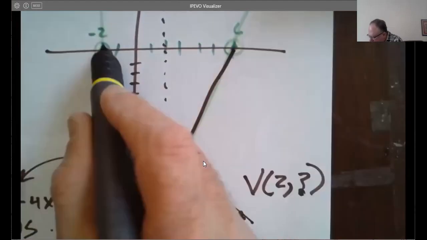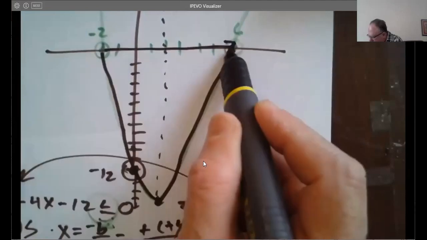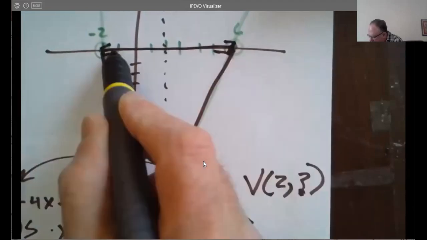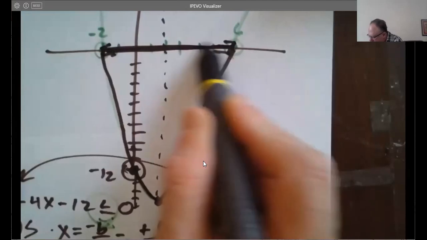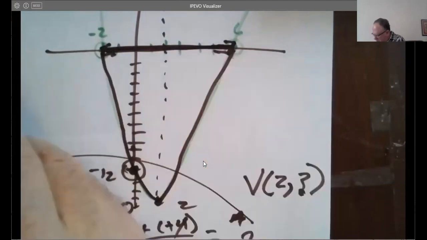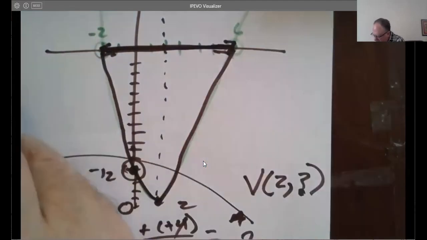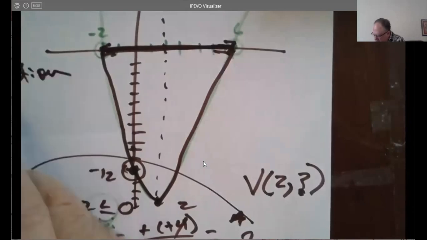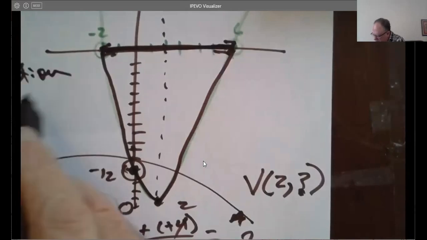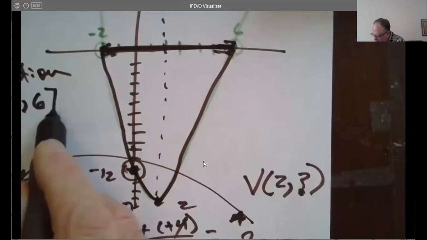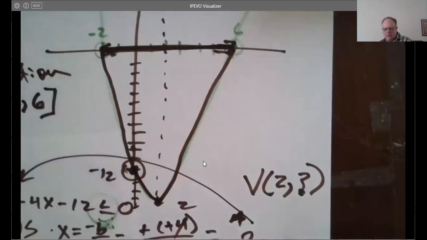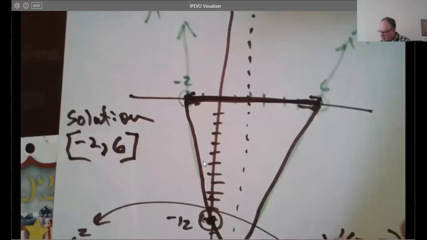So that means we're looking at these x values here. So therefore our solution is going to be negative 2 to 6. And that's our answer. Okay?